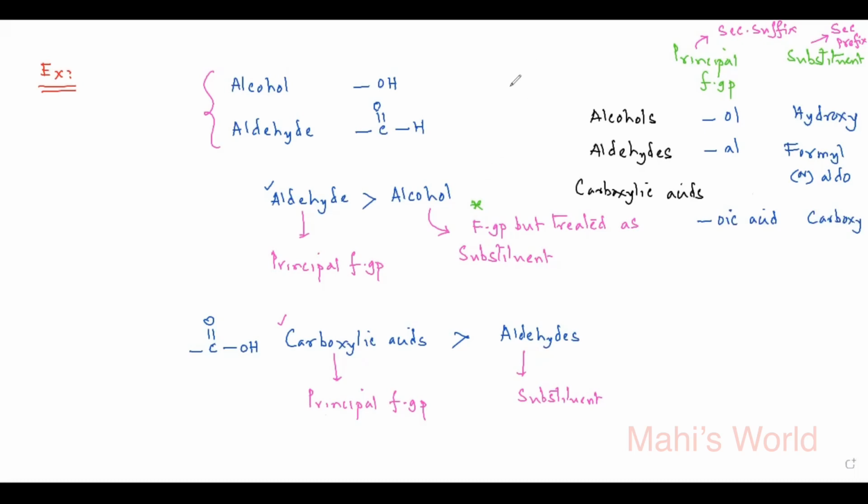So that's how every single functional group is given a minimum of 2 names. One is when they are treated as principal functional group, and the other is when they are treated as substituent. The priority order rule. Try to remember this.